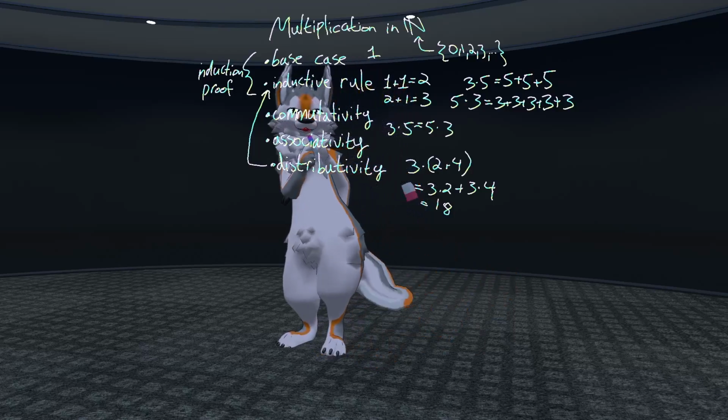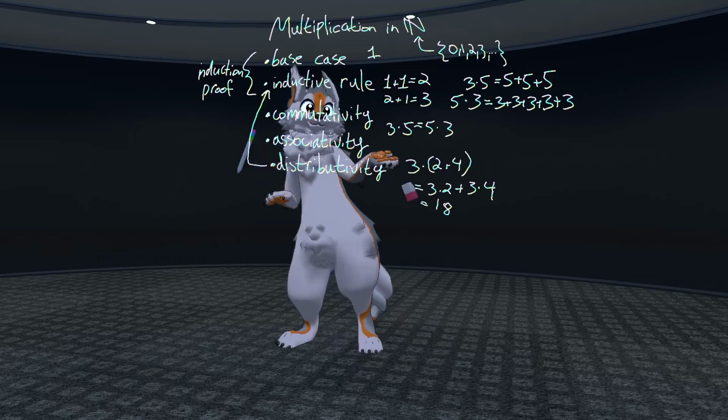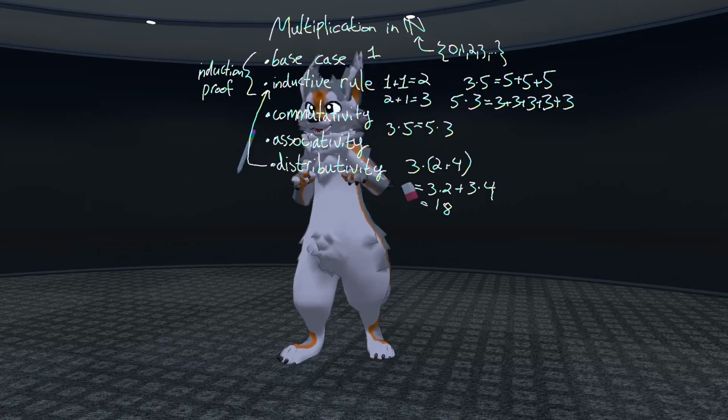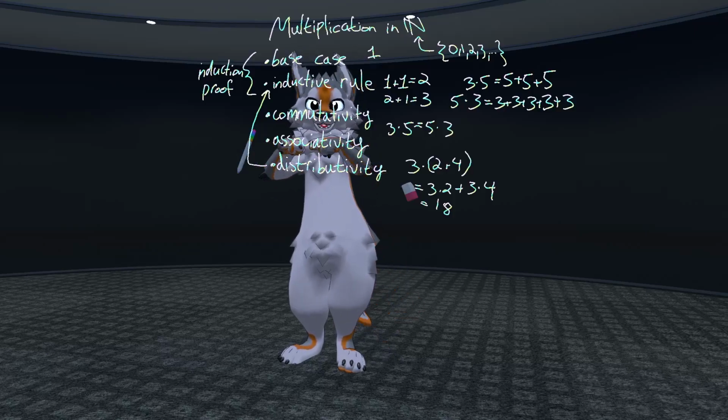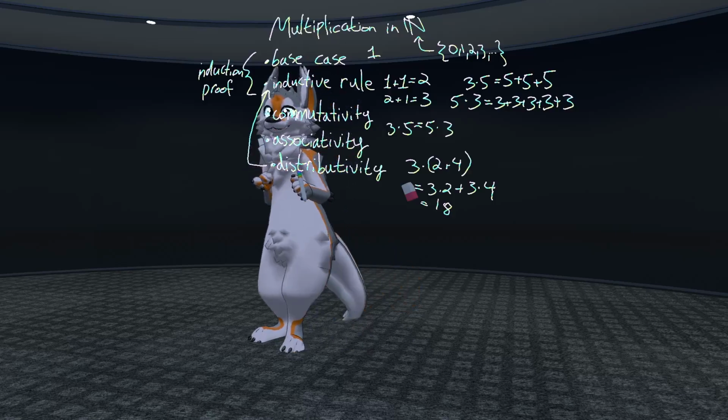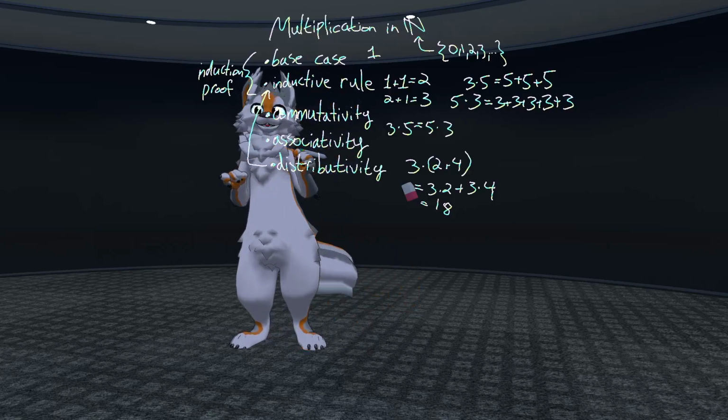Yes. And another property that multiplication in N possesses is associativity, and that's another property that we went over in the previous video. So where should I draw this?